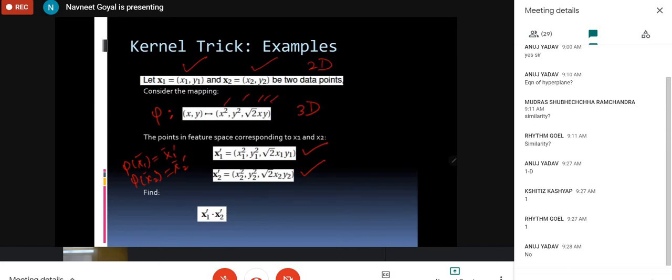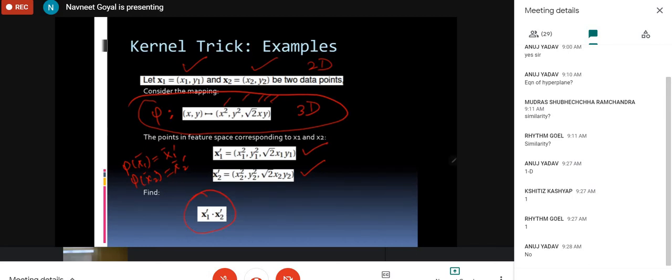So what I have done is I have applied phi to the 2 points. So x1 and x2 are the pre-images, and x1 dash and x2 dash are the images under the transformation phi.